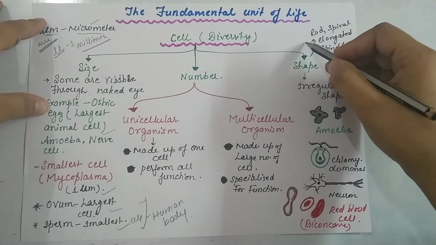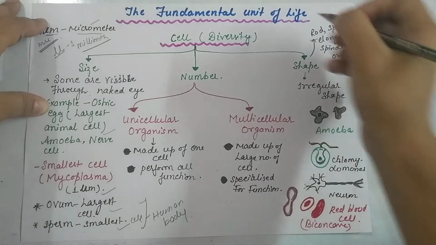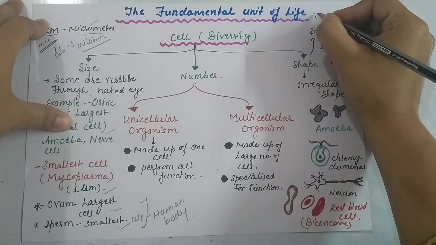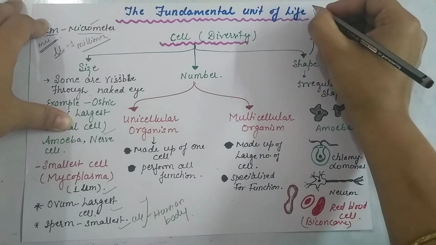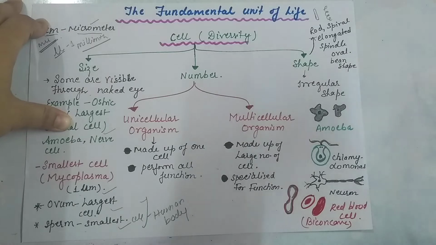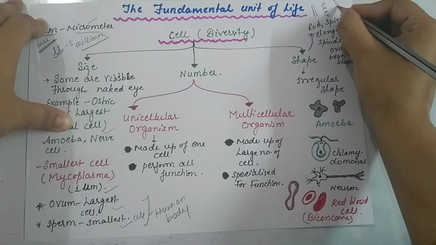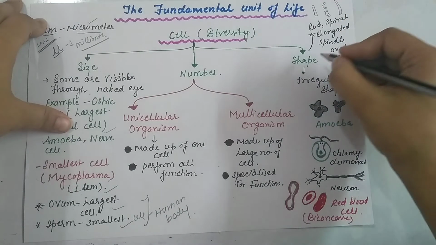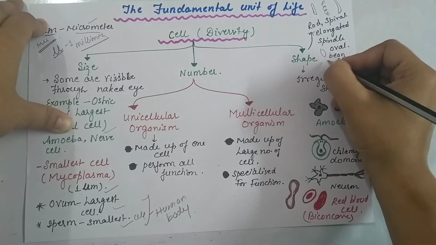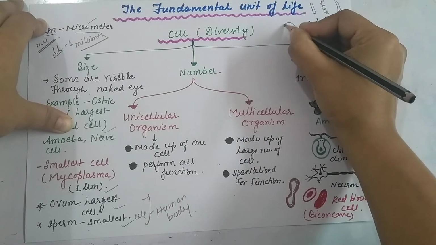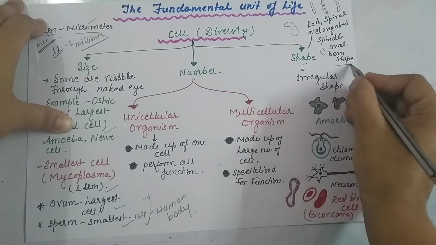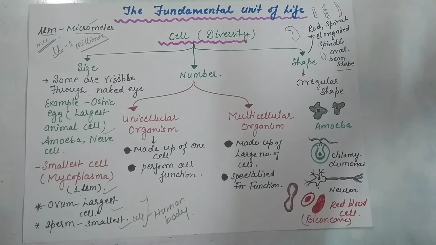You may find rod-like structures, spiral forms, elongated forms, spindle forms, oval shapes and kidney bean shapes. So different forms of cells are found in organisms, and they are not confined to a particular shape.